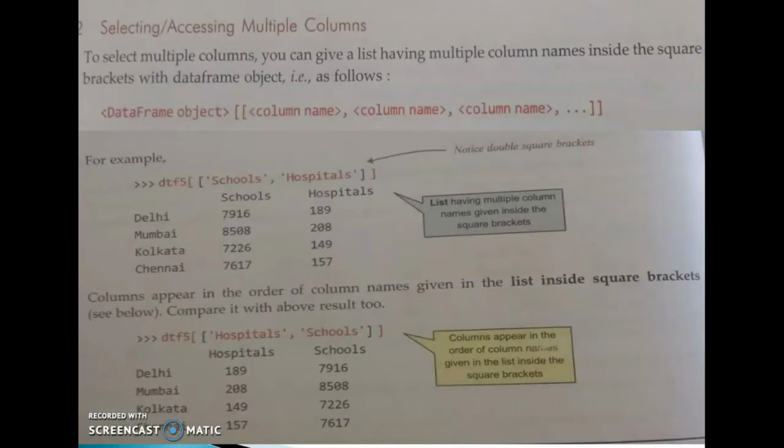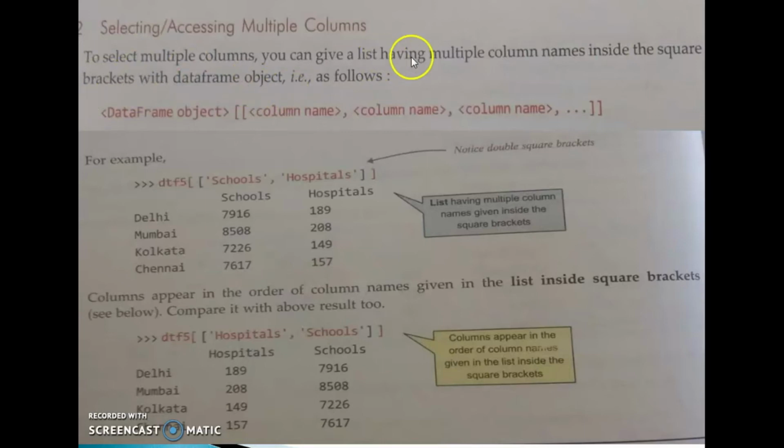Next one, selecting or accessing multiple columns. How to access multiple columns from a data frame object. To select multiple columns, we can give a list having multiple column names inside the square bracket with the data frame object.